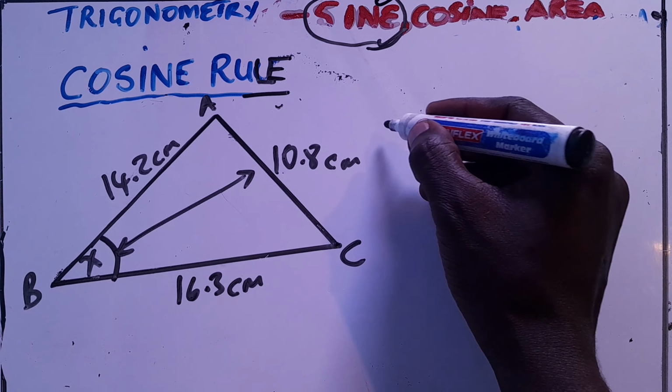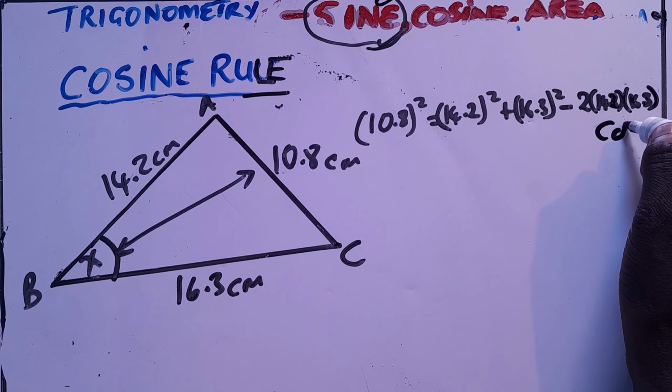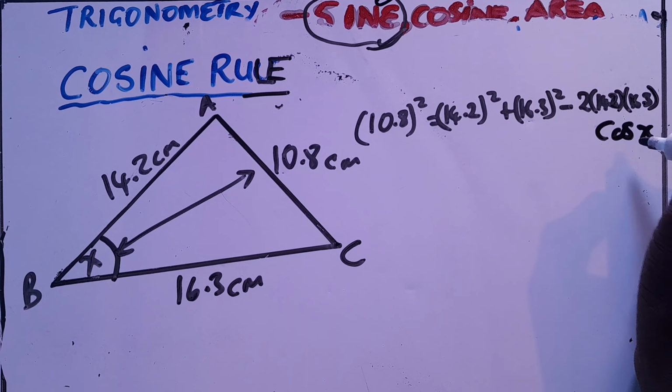So our 10.8 squared becomes 14.2 squared plus 16.3 squared minus 2, and then we can have 14.2 and then 16.3, and then all multiplied by cos of x.